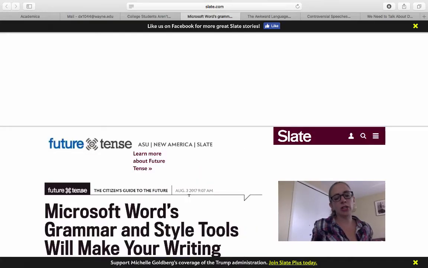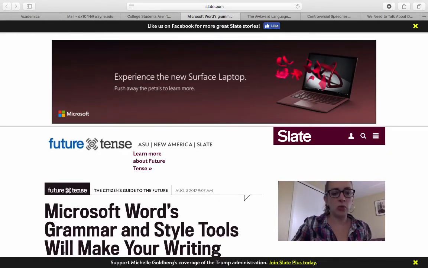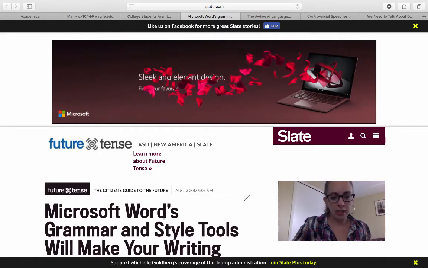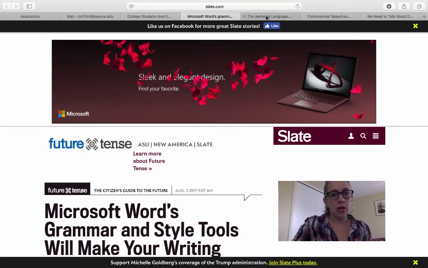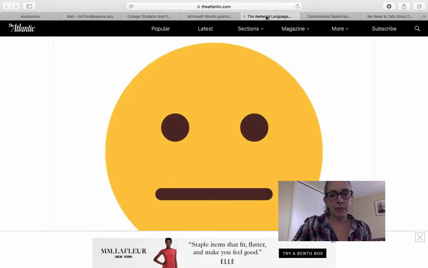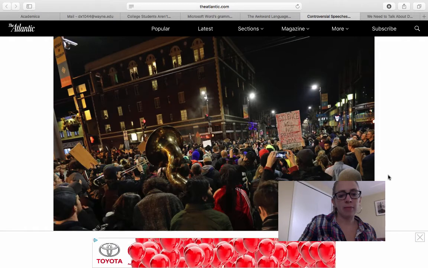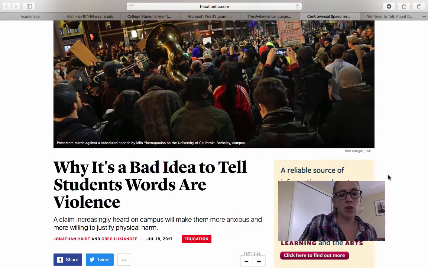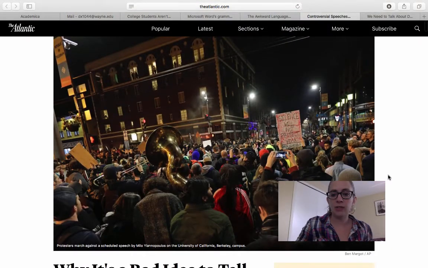So, as you start looking through the article choices for this week and you look at Garber's text on Microsoft Words and Grammar Tools, or the text on the Emoji Movie, which I did not take my kids to see, but which you might have seen, or you look at Lukianoff and Haight's article on the idea of talking about language as violence.